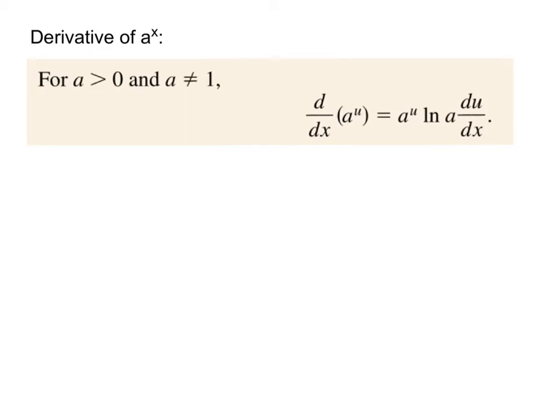But the natural log of e is just 1. Therefore the derivative of e to the x is e to the x. But with the same property, the derivative of a to the u is a to the u times the natural log of a, and implicitly you'd have to say du dx here.